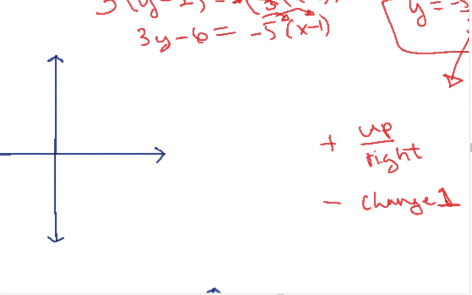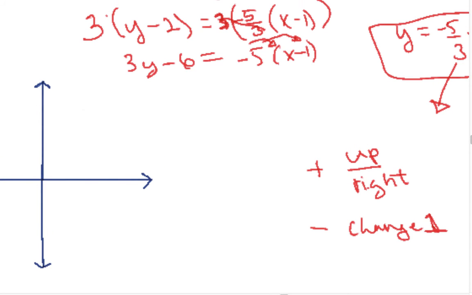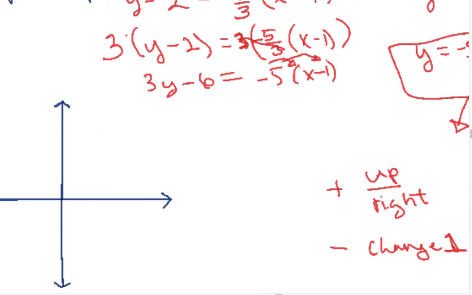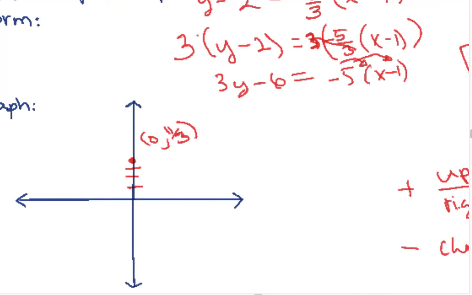So if I start at 0, 11/3, 3 goes into 11 3 times with some left over, so it's a little bit over 3. So we go up 3, 1, 2, 3, and then some change and plot a point. There's your y-intercept. Okay, and then I'm going to label it 0, 11/3. Then we have the slope of negative 5/3.